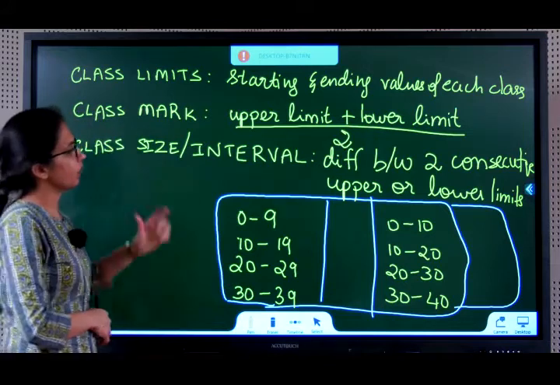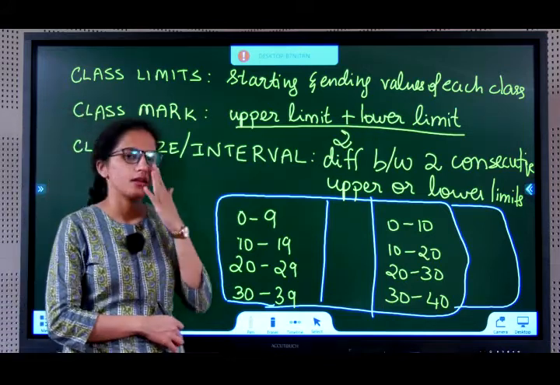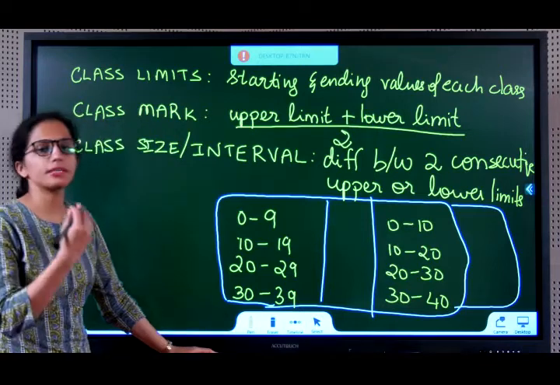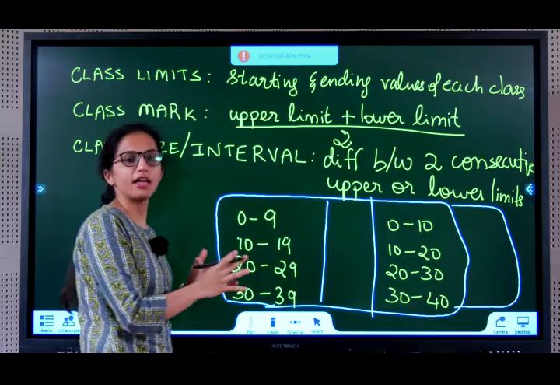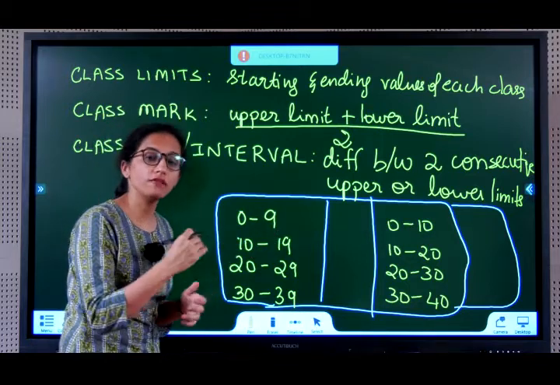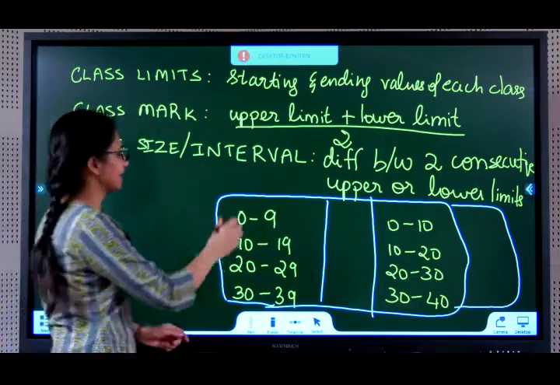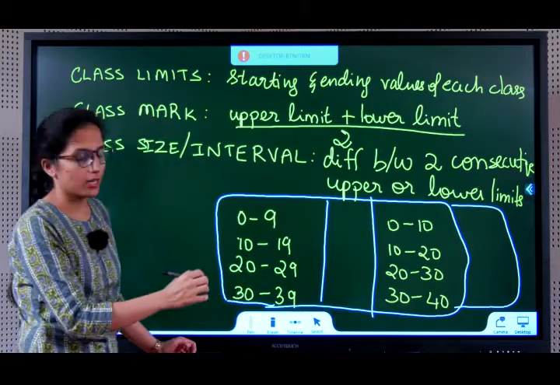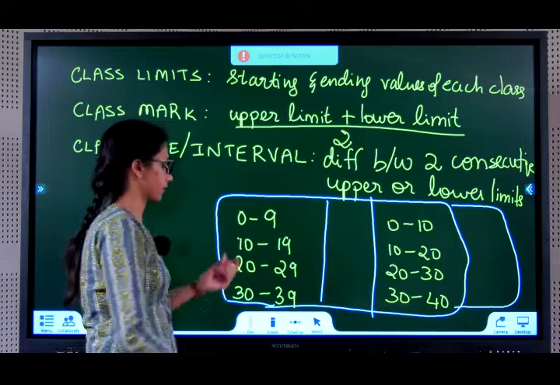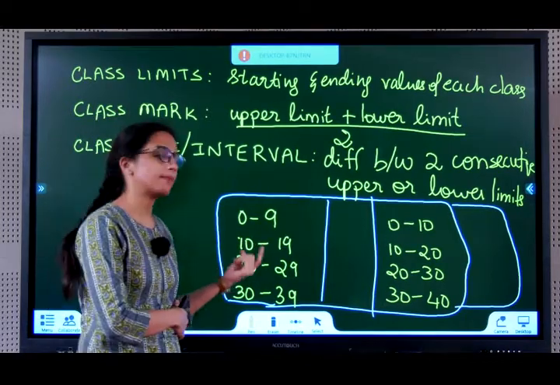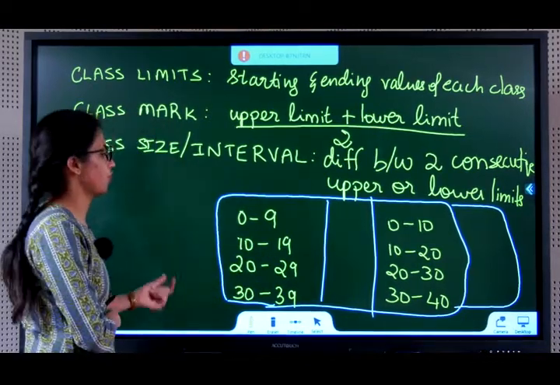Class mark. Why do we need class mark first of all? If I want to represent a class, 10 to 19 has so many values in between. A good way to represent it would be a central value. 10 plus 19 is 29, 29 by 2 is 14.5.